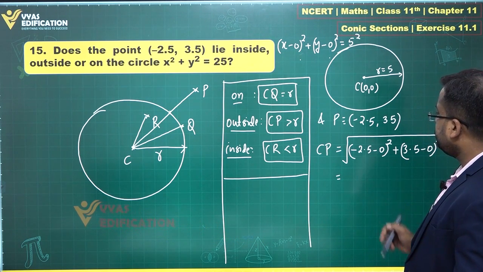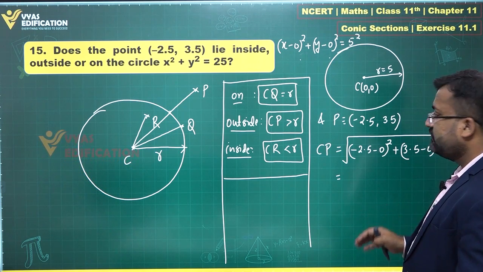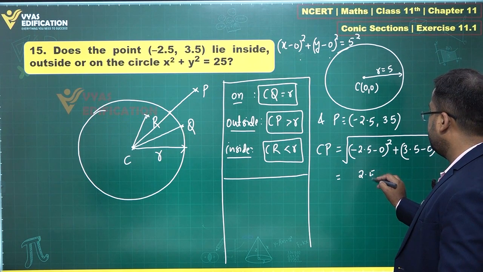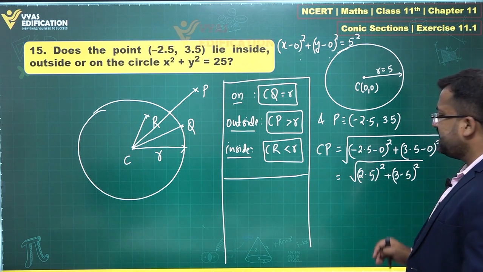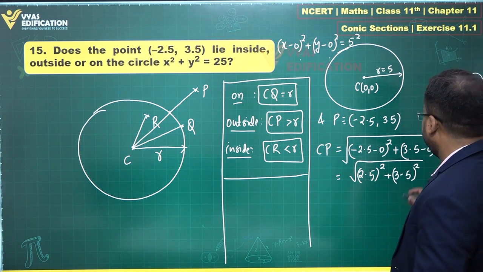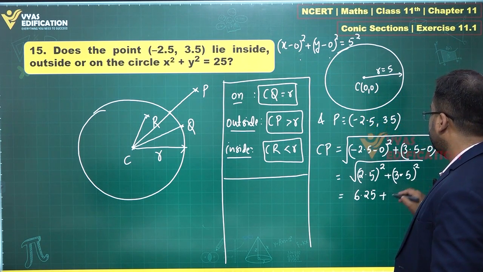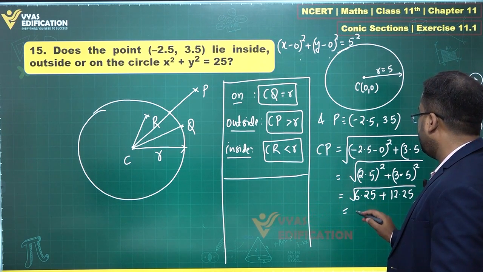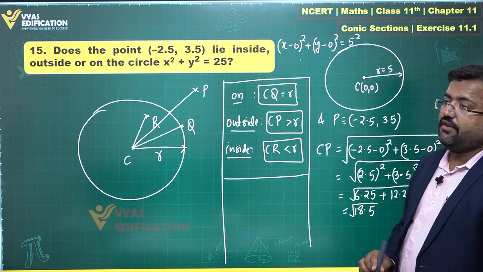Here it is minus 2.5, which actually becomes 2.5 square only, and this is 3.5 square. Can I find the squares? Yes, I can find the two squares easily. 2.5 square is 6.25 and this is 12.25. Pretty simple, and the total will become the square root of 18.5. This is what I'll have.